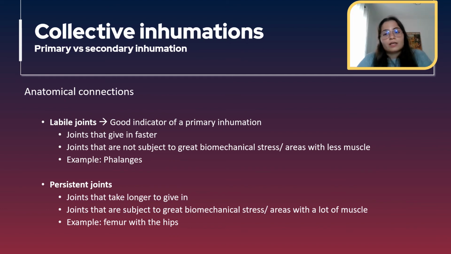On the contrary, there are the persistent joints, and these are the ones that take longer to give in because they are subject to great biomechanical stress, or are areas with a lot of muscle. For example, the articulation of the femur with the hips. The presence of the labile joints in a burial is a good indicator that it's a primary inhumation, because they are sensitive, and if the skeleton was moved, these were probably lost.